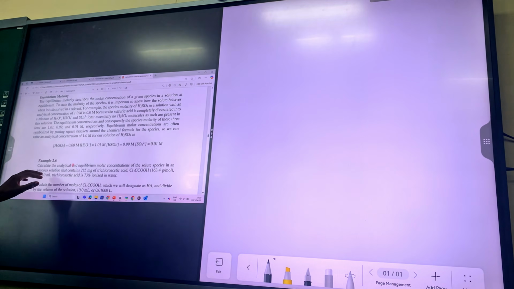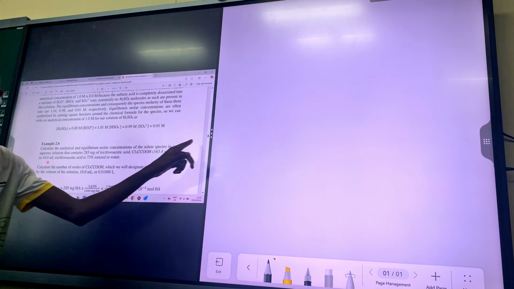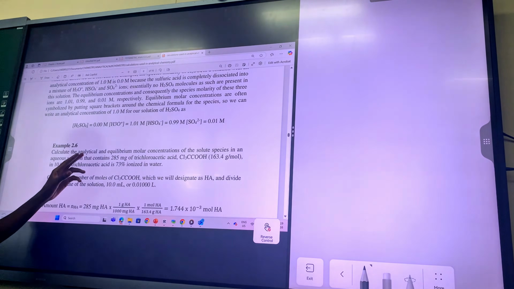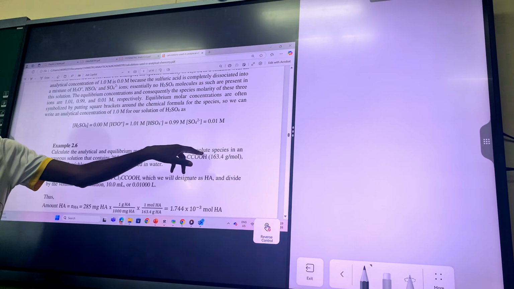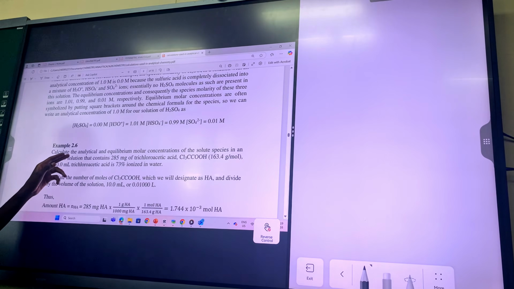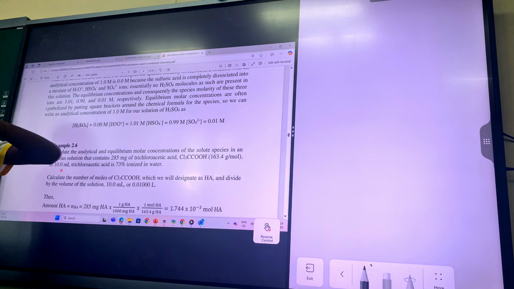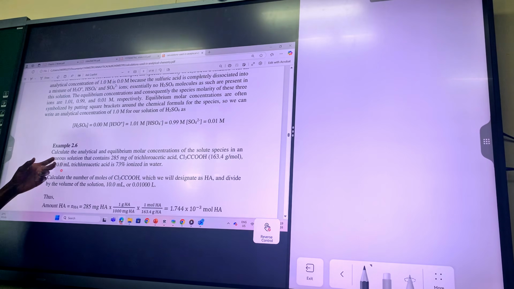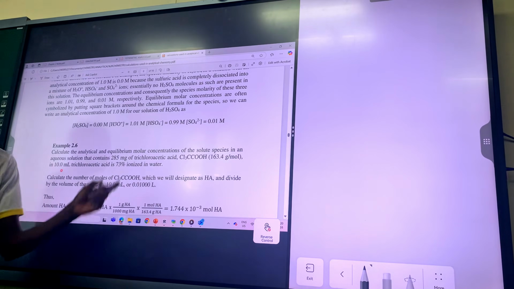Now here it says calculate the analytical and equilibrium molar concentration of the solute species in an aqueous solution. Solute species refers to everything coming from a solute into the dissolved part. The solution contains 285 milligrams of trichloroacetic acid.